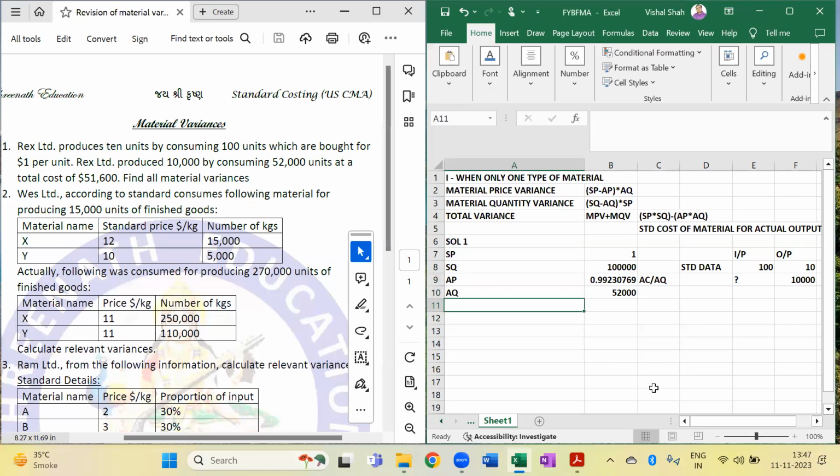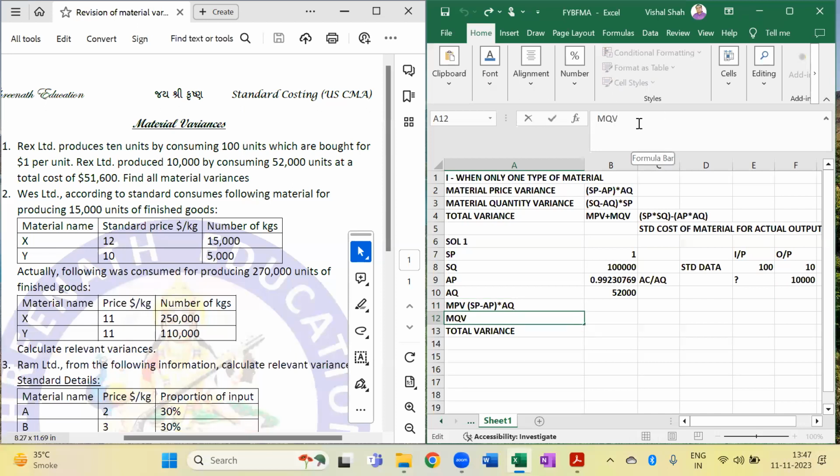Now, sir, I got all the four things. Frankly speaking, I can find all the variances. I will find MPV. I will find MQV. And I will also find total variance. Sir, MPV's formula is SP minus AP into AQ.